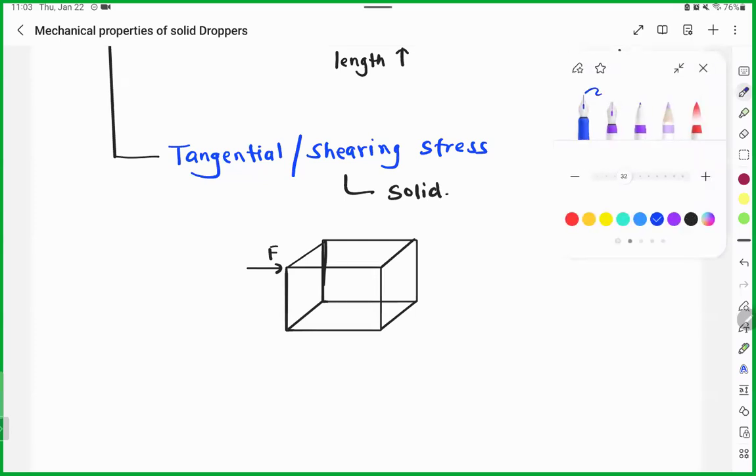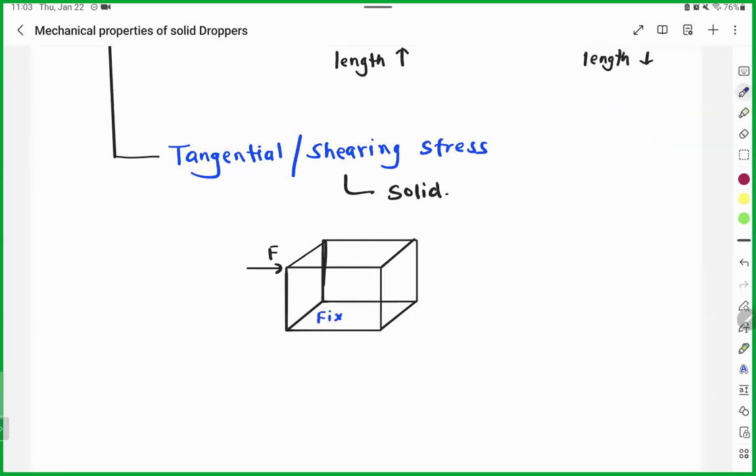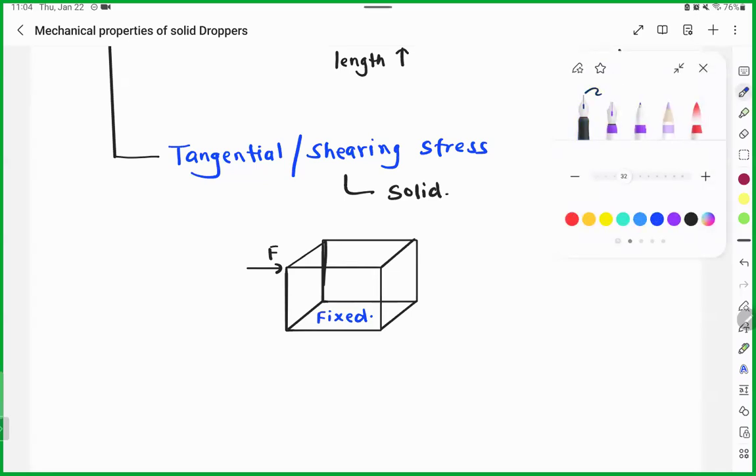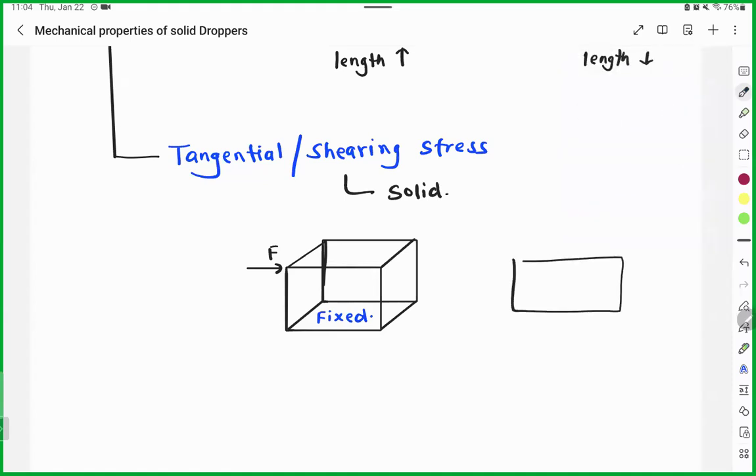Your lower end is fixed. So when you are moving, only the upper part is moving, not the lower one.